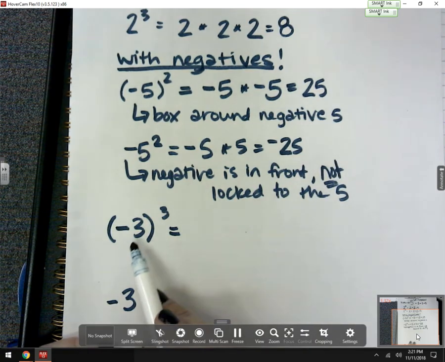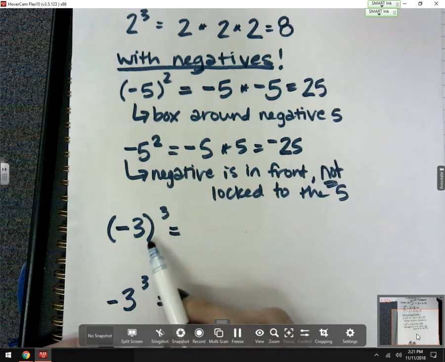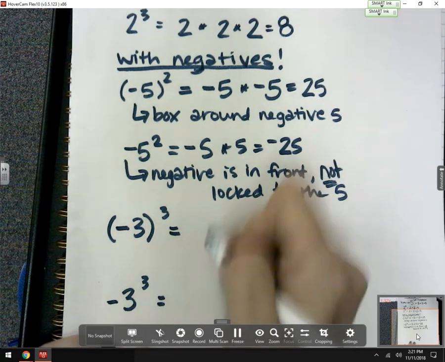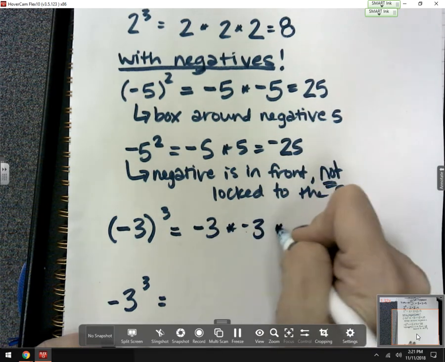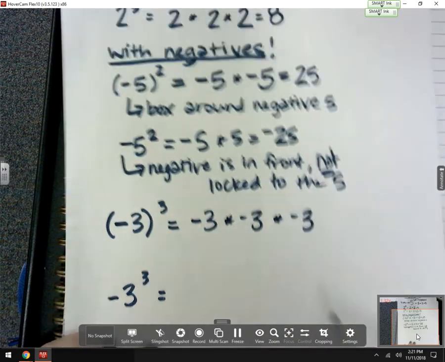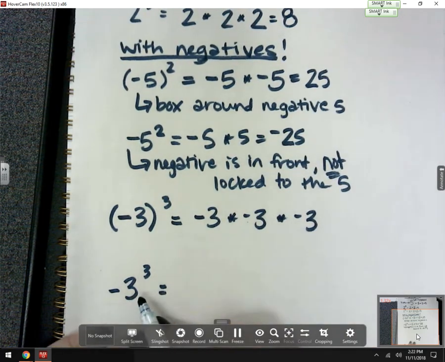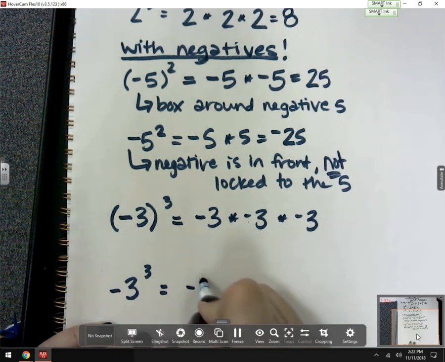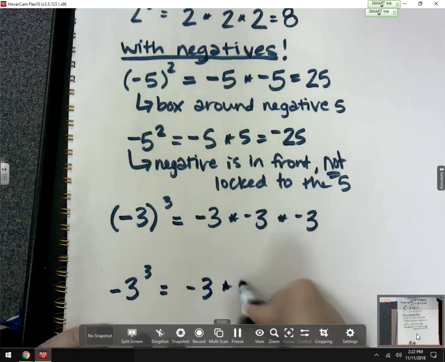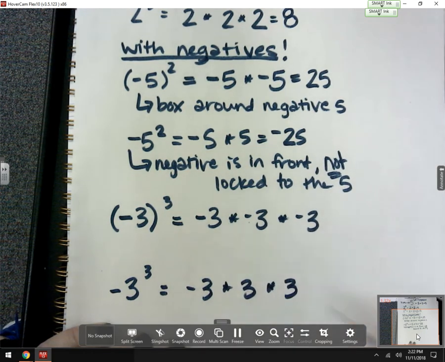Okay, so hopefully what you remembered is that in this case, the negative is boxed inside with the parentheses. So this is actually negative 3 times negative 3 times negative 3. And in this case, the negative is just attached at the front, so it's not locked to that 3. So we would have negative 3 times 3 times 3.